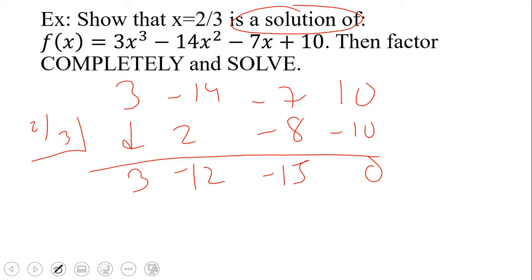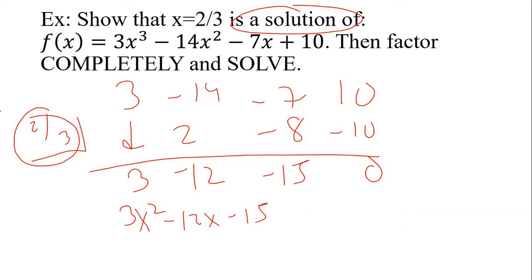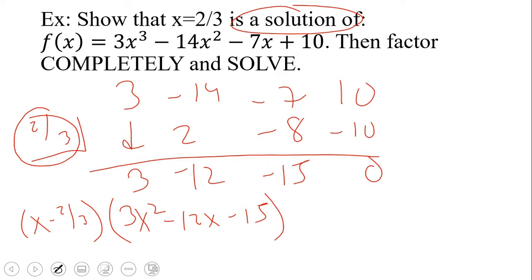Here's where you just have to be a little bit careful again when it comes to something with a fraction. So this is technically 3x squared minus 12x minus 15. This 2/3, if you were to write that as a factor right now, it would actually be x minus 2/3. But we don't really ever leave it like that.